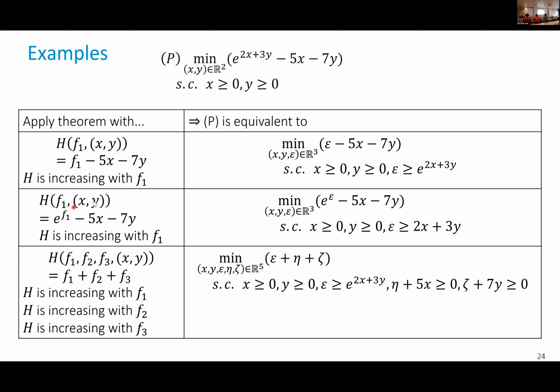I replace f1 by some epsilon, use exponential of epsilon, where I have the constraint now that epsilon is larger than 2x plus 3y. So that is an example equivalent to this problem. This is perhaps tractable because that gives a convex optimization function: exponential of epsilon, which is convex in epsilon, plus linear.